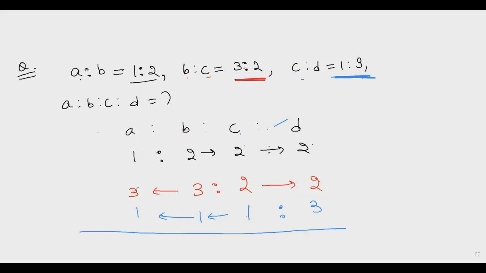Then we multiply all these: 1, 3, and 1. And then 2, 3, and 1, and multiply this and this.